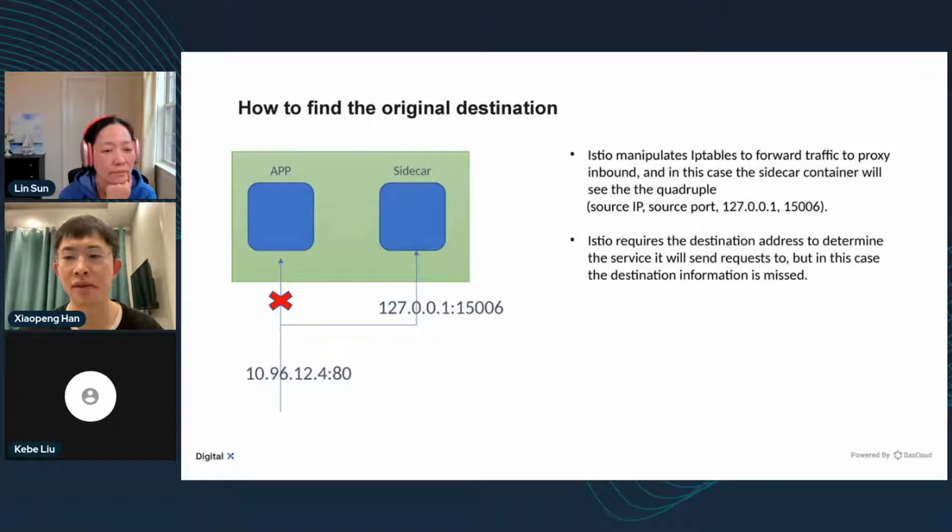The problem is when I make a request to the service, Istio will redirect the traffic to the proxy inbound by applying the iptables rules.